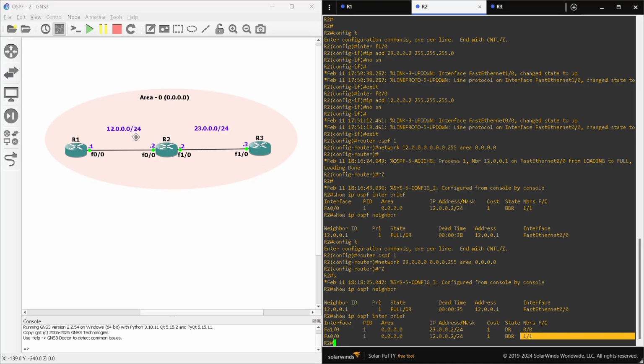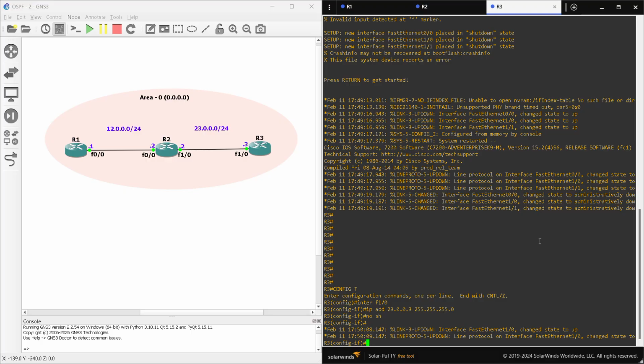This 12.0.0.2 is connected to 12.0.0.1, R1. But FastEthernet 1/0 is enabled with this IP address, but it's not connected to any other router for now, as R3 is not enabled with OSPF, so it is telling us zero neighbors.